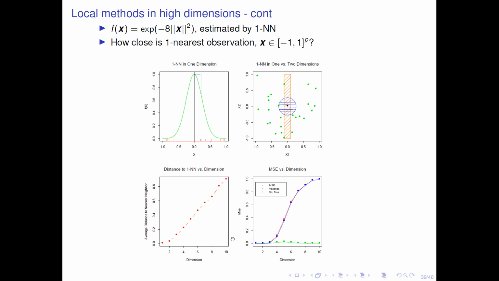And note that when p is equal to 10, it looks like we're taking a distance of approximately 1, but that would include all x's. So then we are not able to do this nearest neighbor, not including all the x's, it includes the whole space. So that means that it's not very local anymore.